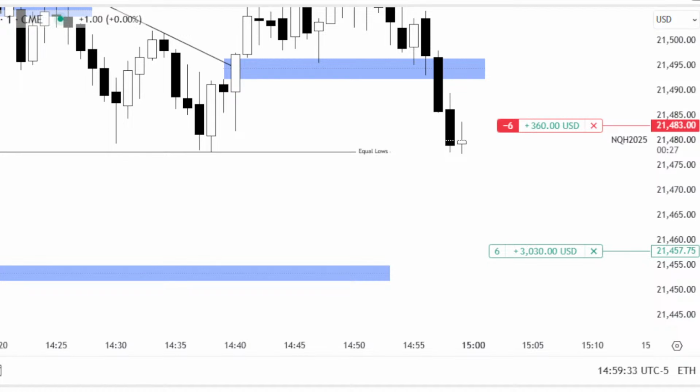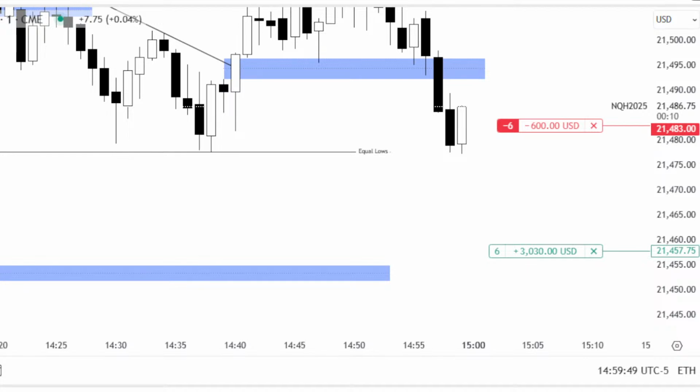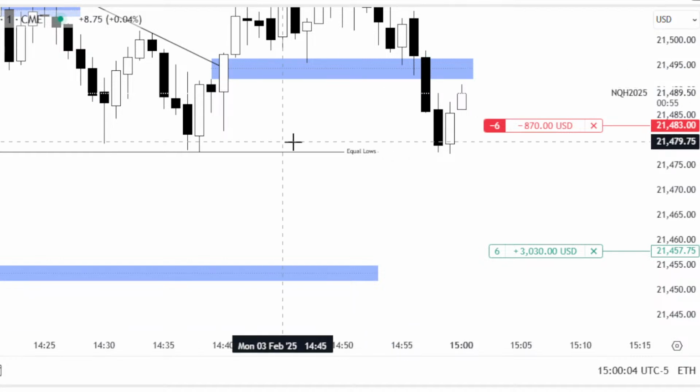450s, 460s. Of course, we'll go into this fair value gap now.